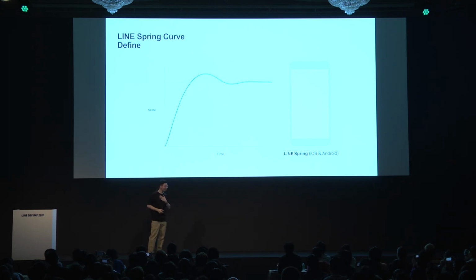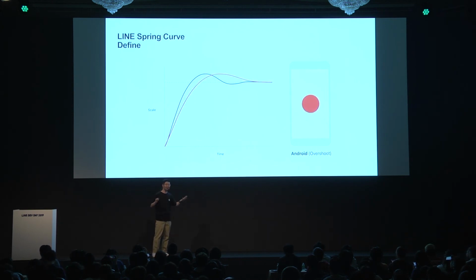So we wanted to make animation more consistent as well. We researched a lot and found a way to manipulate Android's interpolator into a version more similar to iOS. And then we labeled them as the Line spring curve. So now we have exactly the same feeling of animations at the implementation level.